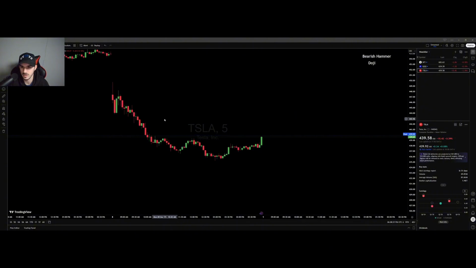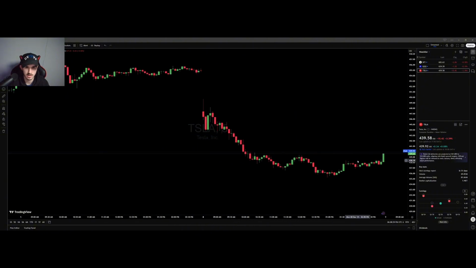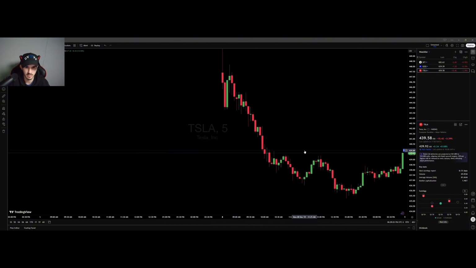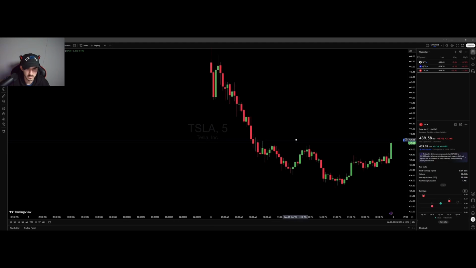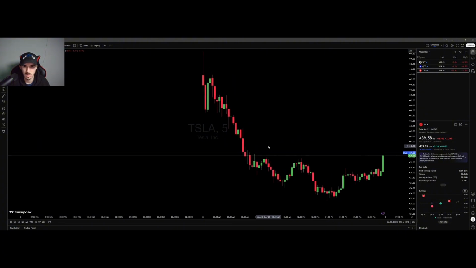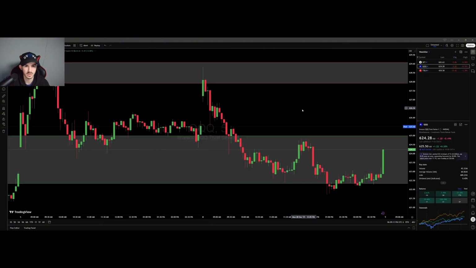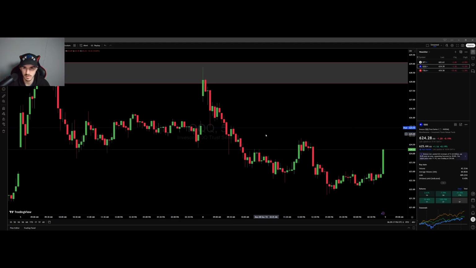I feel like there was one today on the 5 minute. I'm gonna look, I don't see any yet. That would be pretty close right there, this candle. Let's look on QQQ. See if we have any bearish hammers on the Qs.